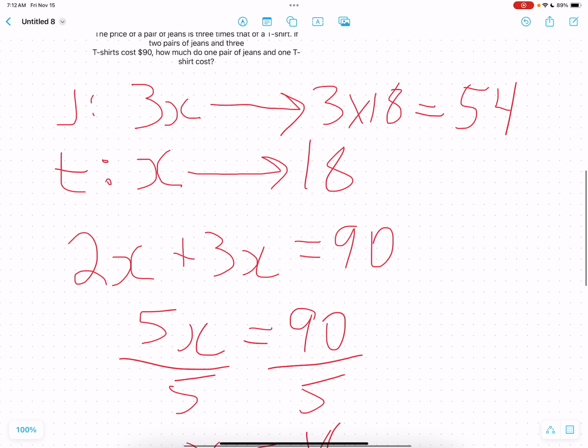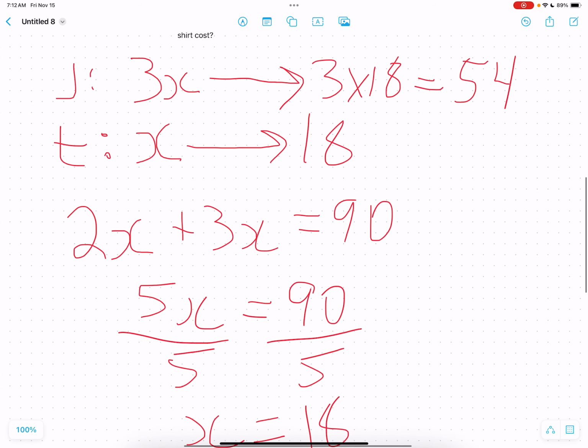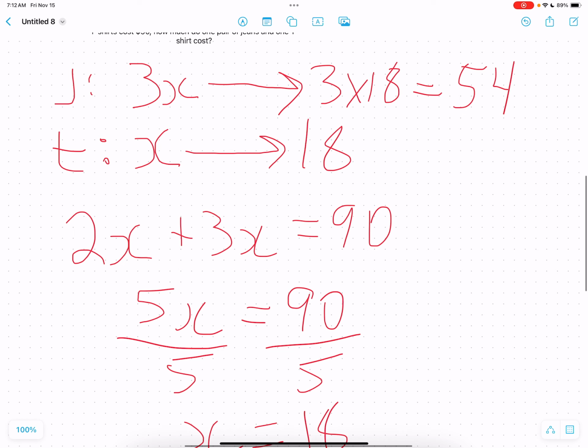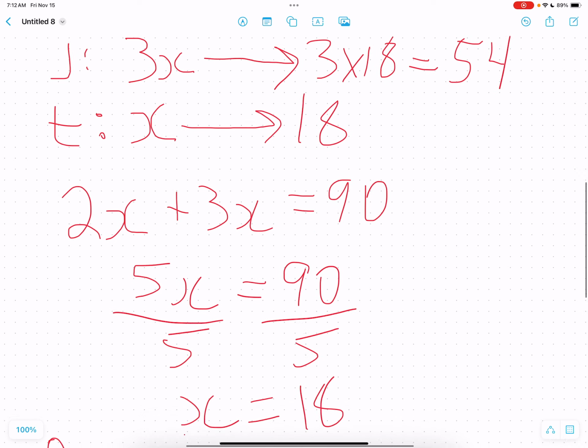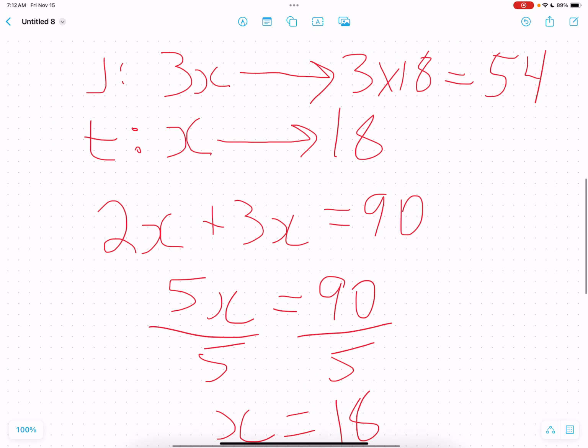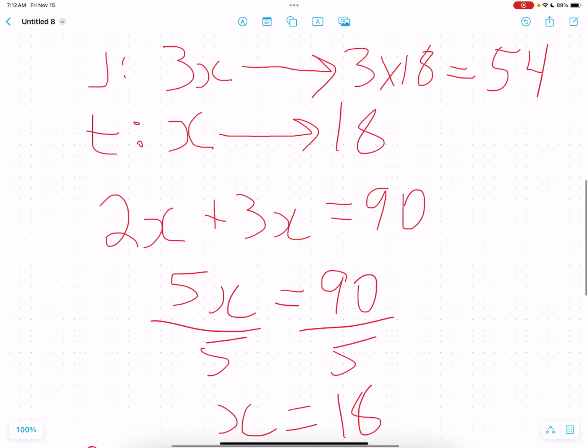Oh, sorry, hold on. 54 divided by 3 would be the cost of the jeans, and the t-shirt would be $18. Okay? That's how you would do that one. I think I'm right.